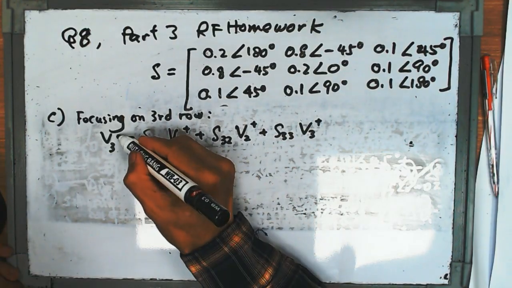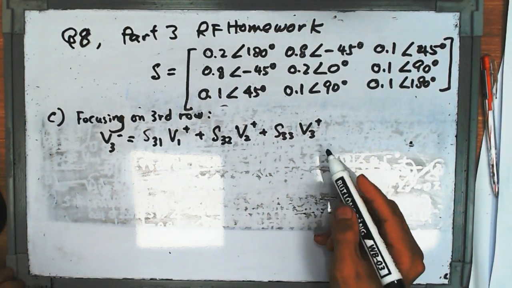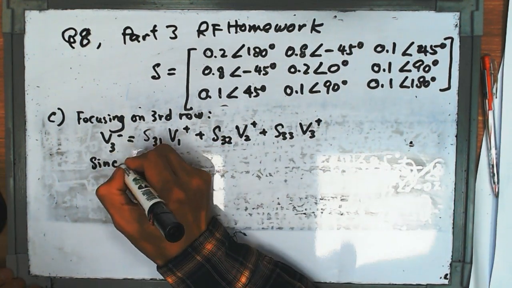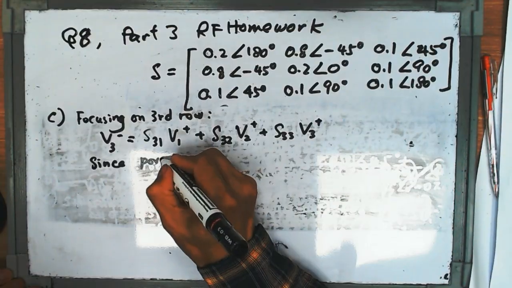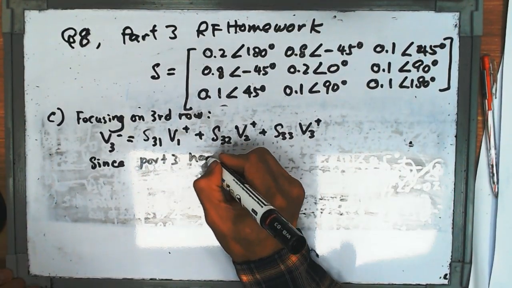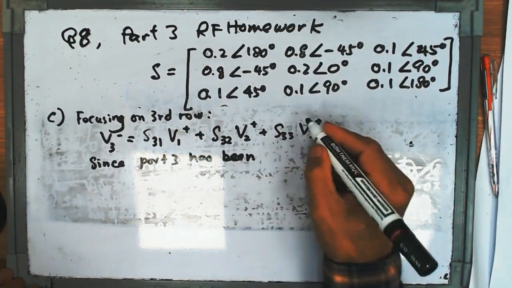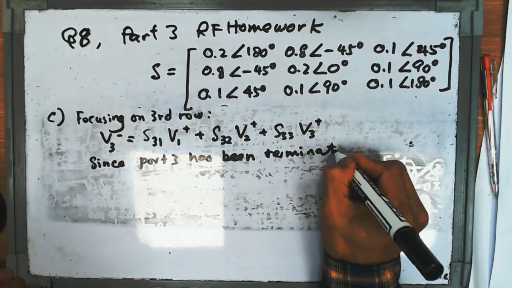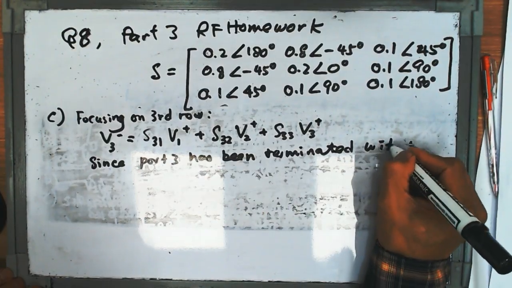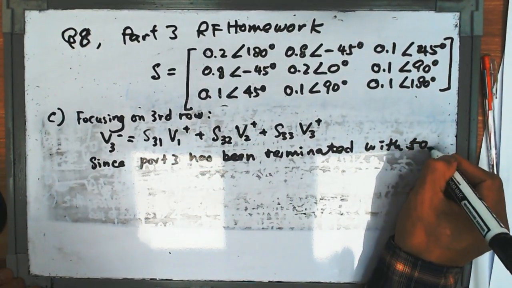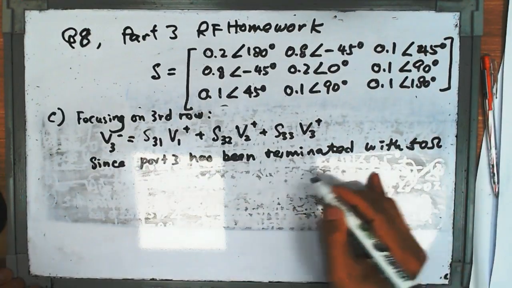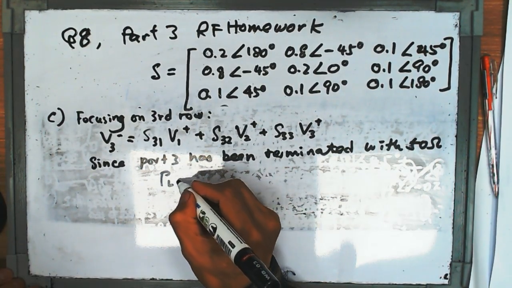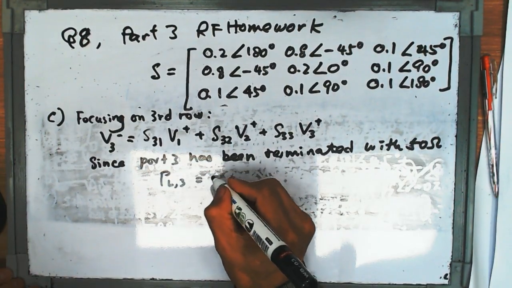Now, since port 3 has been terminated with 50 ohms, we can say in this case the reflection at the load at port 3 is 0.